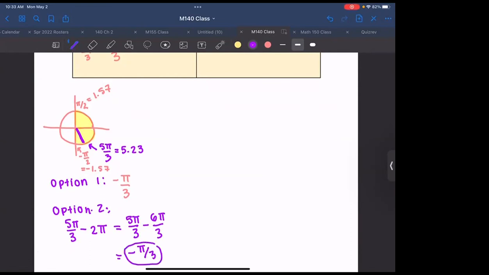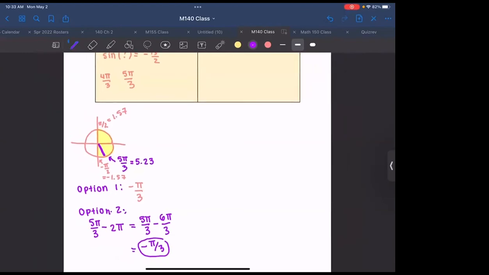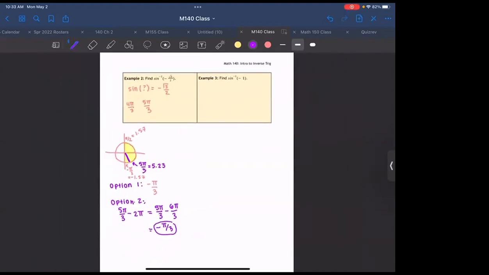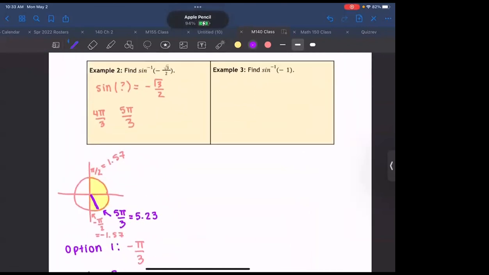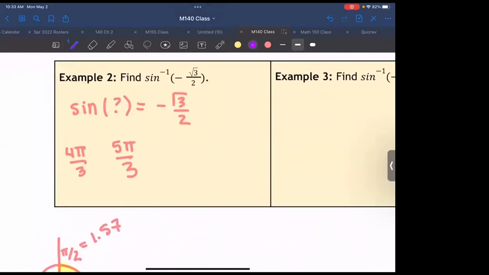It's the same thing as looking at your unit circle and looking backwards. I kind of prefer this option just because I don't feel like memorizing all the different ways to do this. But negative pi/3 is where you should get here. Okay. So let's just go back and see what we did. We rewrote sine inverse the way we like to think of it: sine of what angle equals negative 3 pi/2.